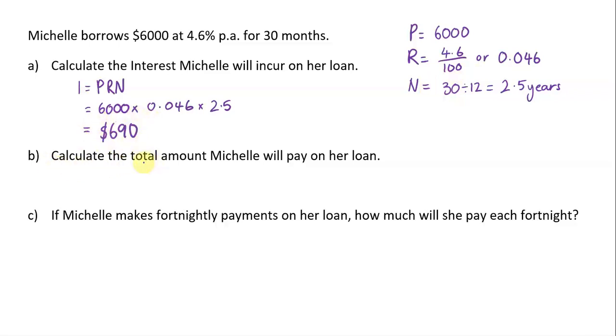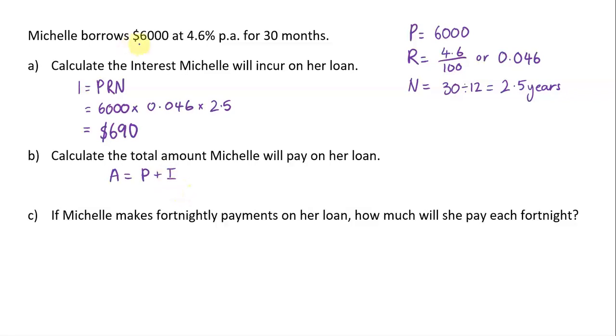Next, we need to calculate the total amount that Michelle will pay on her loan. Altogether, how much will she pay to the bank? We use the letter A to represent the total amount. Now, the total amount is equal to the principal, everything she borrowed. You have to pay back everything you borrow from the bank, plus the interest, the fees they charged her for borrowing the money.